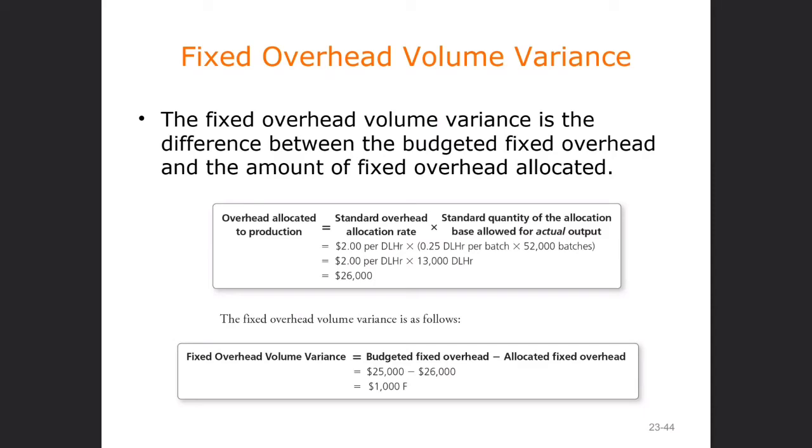The fixed overhead volume variance is budgeted fixed overhead minus allocated fixed overhead. So they took the budgeted minus the allocated, and that gave them a variance of 1,000. Budget was less than actual, so it's going to be favorable, because we're looking at the fixed overhead volume variance.